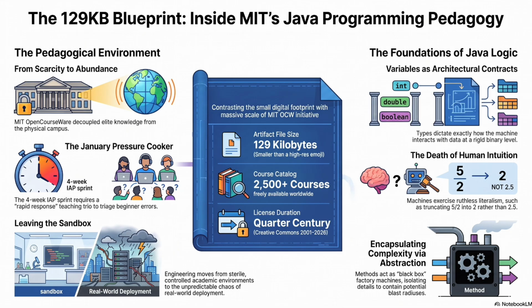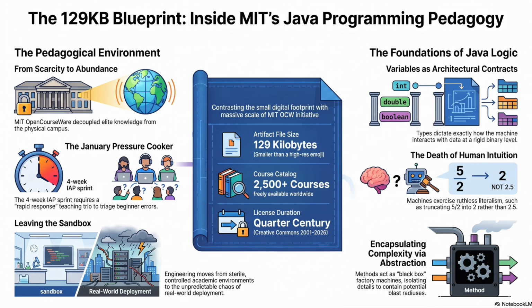Well, if we connect this to the bigger picture, you'll see why it's arguably the most important paradigm shift in the entire course. Okay, I'm listening. The teaching team is not teaching basic math. They are systematically breaking down the students' reliance on human intuition. What do you mean by human intuition? Like how we solve problems naturally? Yeah, exactly.